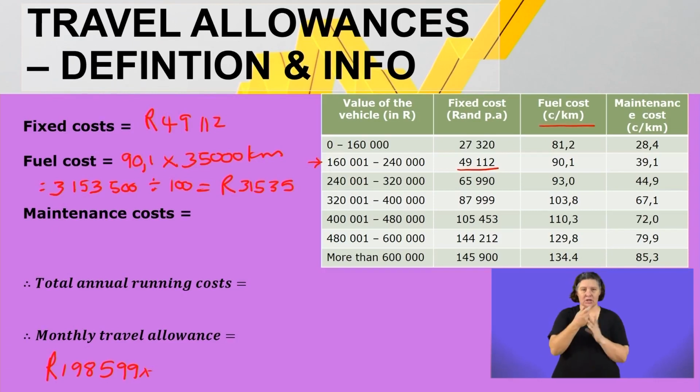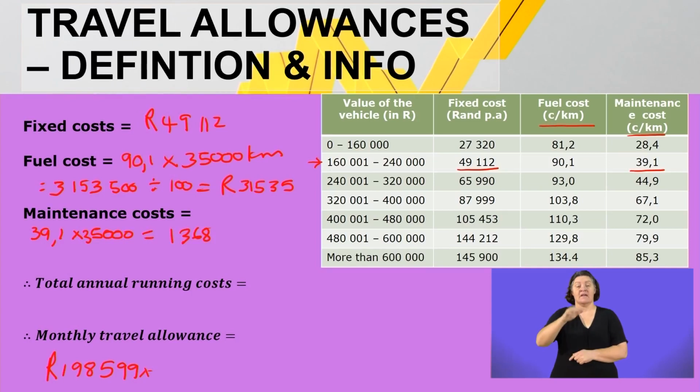All right. Then also, what else are we looking for? The maintenance cost. That's also cents per kilometer. Maintenance cost is 39.1 cents per kilometer. So again, I take my 39.1 multiplied by the 35,000 kilometers he traveled per year. That will give us 1,368,500 cents.